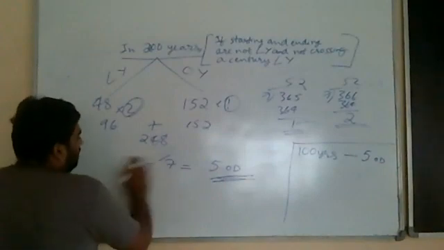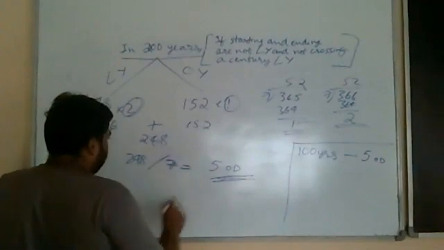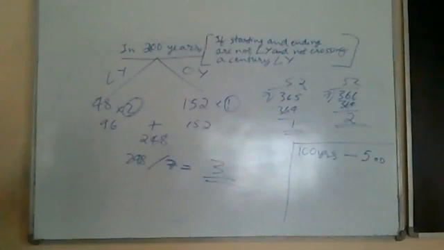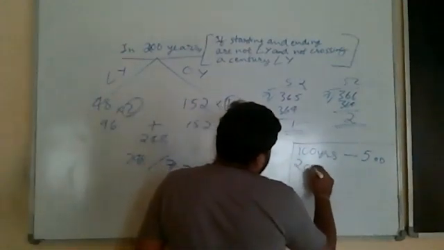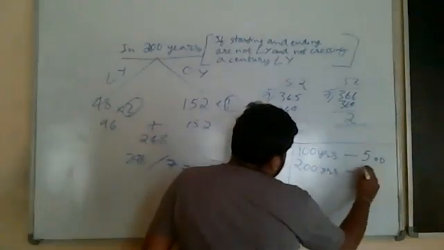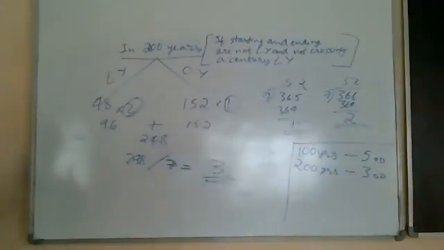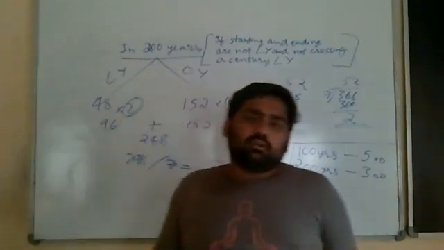Correct? 248 divided by 7 will give me 3 as the remainder. 35 is the quotient.